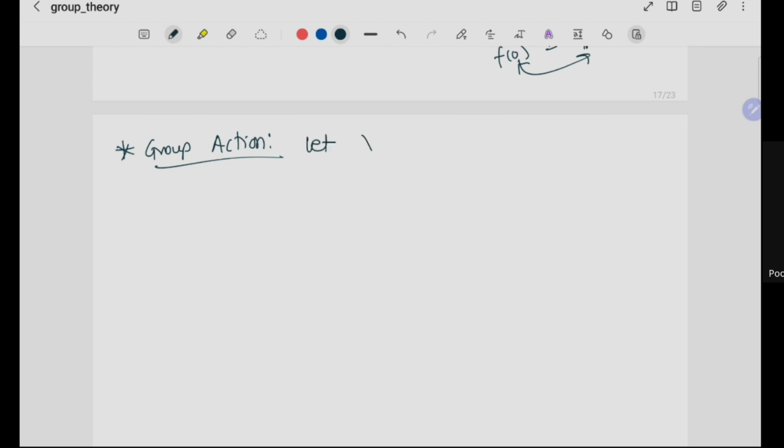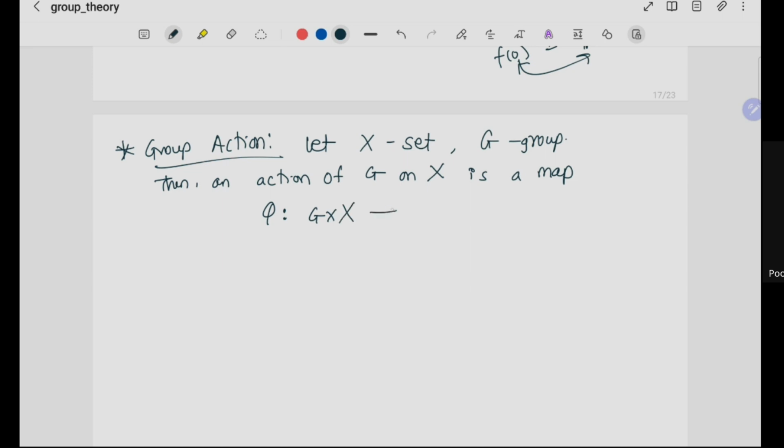So let X be a set and G be a group. Then an action of G on X is a map, let's say phi, from G cross X to X.